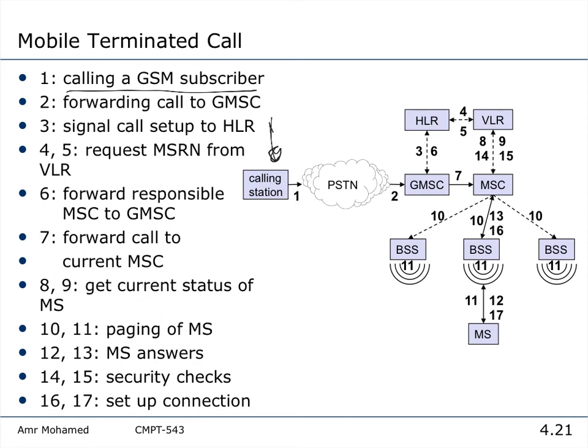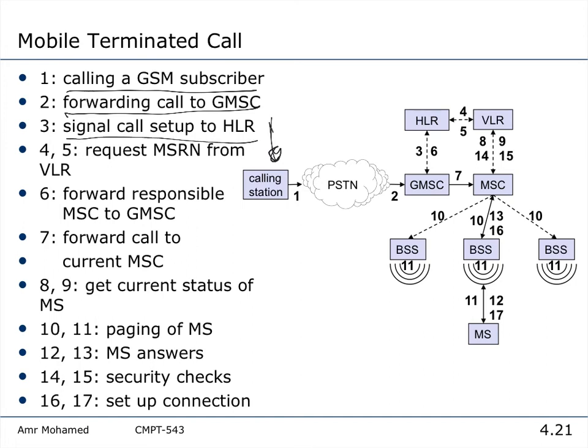So what will happen is that first, as we said, the cellular network is connected to the PSTN through the gateway mobile switching center, right? So first, this call will go through the gateway mobile switching center, and it goes to the HLR.